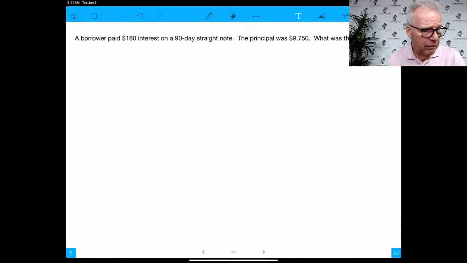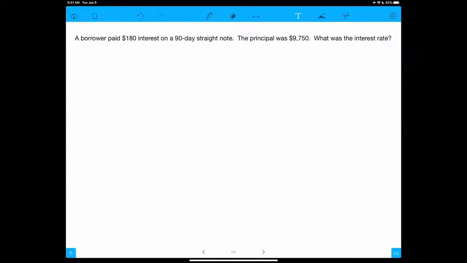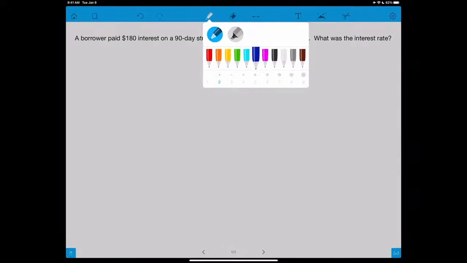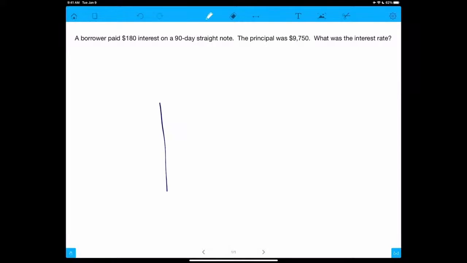So here's how we solve this problem. I'm just going to come back over here to the iPad, and I want to draw my T out. So we want to draw the T problem out.